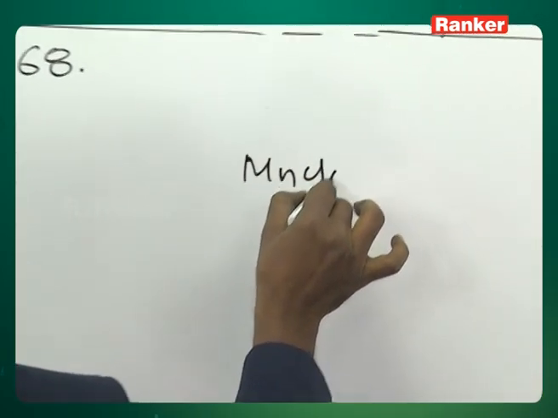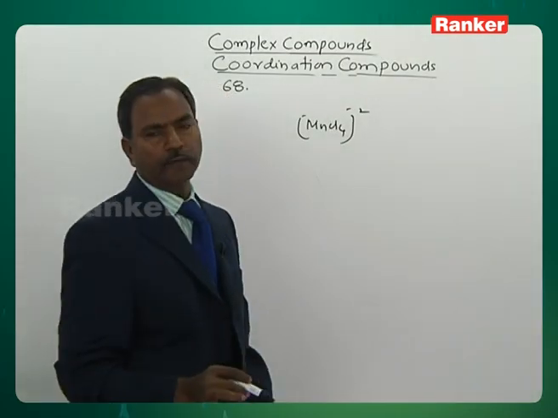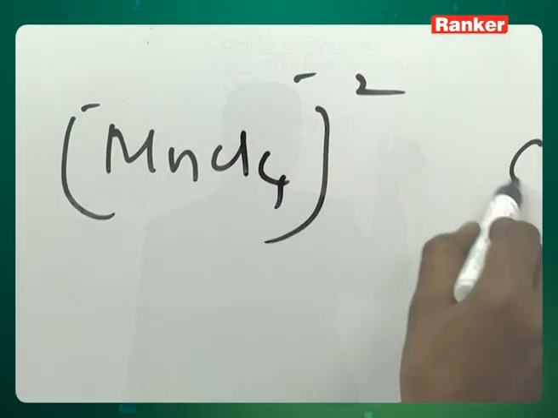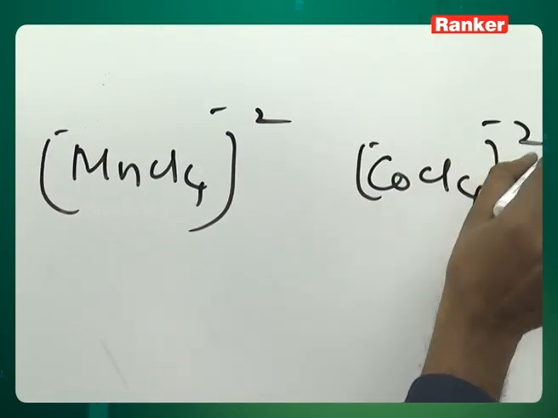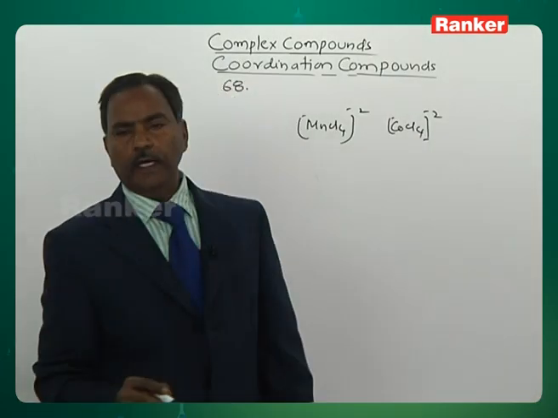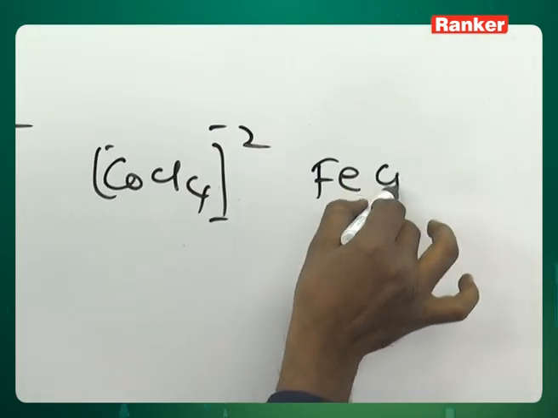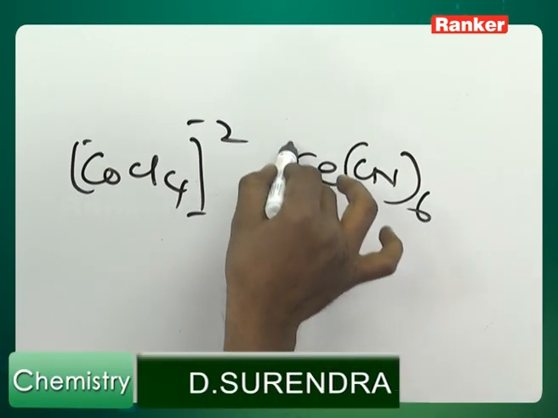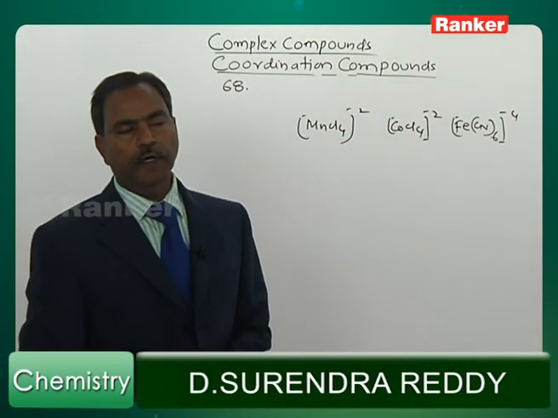What is given? [MnCl4]2-. Second one, [CoCl4]2-. Next, third one, [Fe(CN)6]4-.